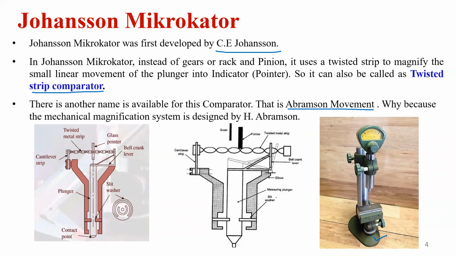This Johansson microcator consists of various components. One is the twisted metal strip, and we have the glass pointer, the cantilever strip, the bell crank lever, and then there is a plunger and a slit washer.